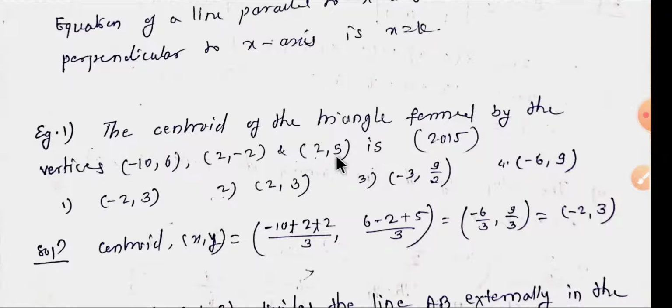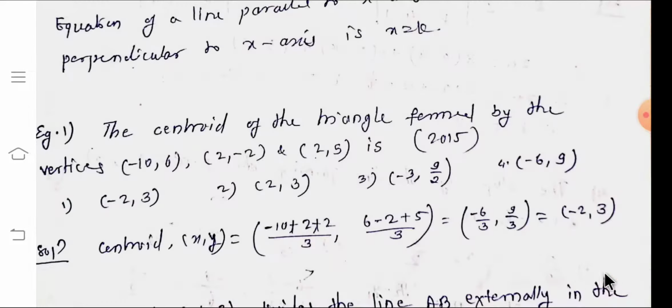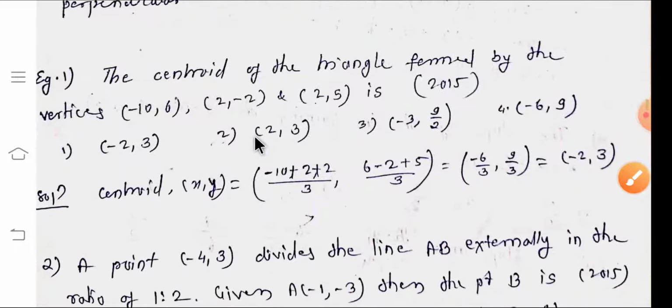Three points are given, so directly we write centroid equal to ((minus 10 plus 2 plus 2) by 3, (6 minus 2 plus 5) by 3), that is, (minus 6 by 3, 9 by 3), equal to (minus 2, 3). So the first option is the right option. Applying the centroid formula, we get the solution.